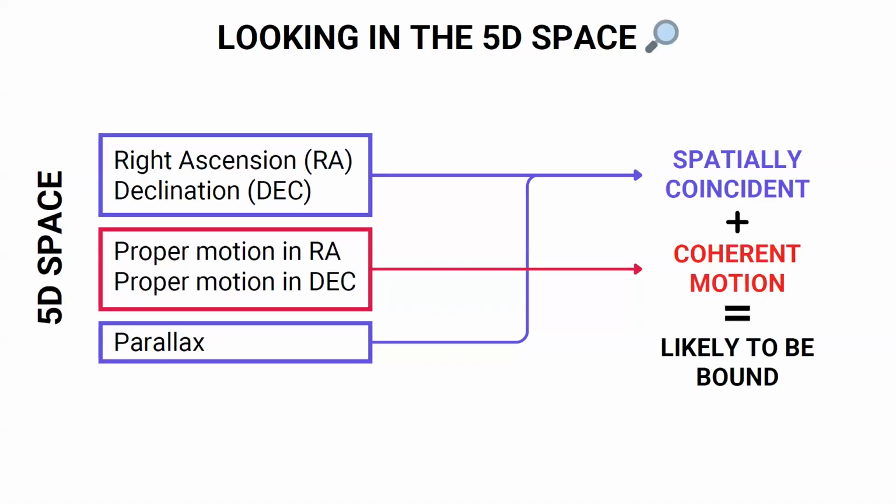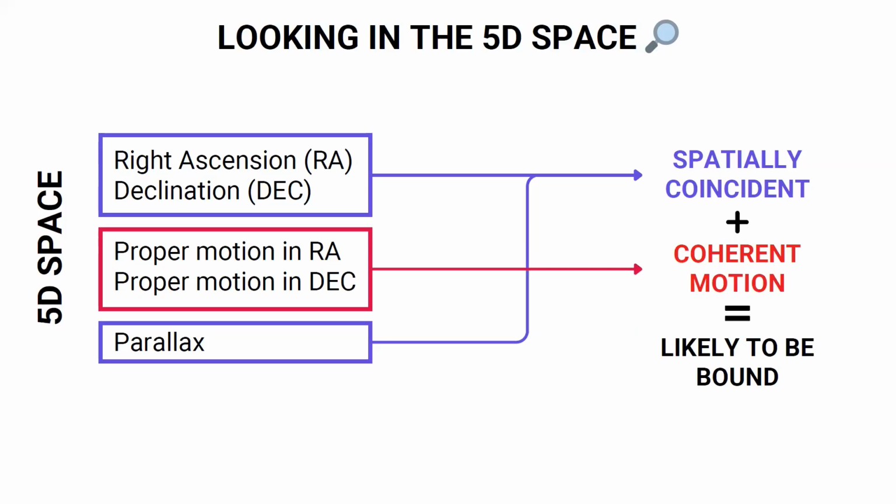Because hidden here, there is a cluster that, of course, you cannot see in the first picture. To look at clusters, we need to look at a different space, the so-called 5D space. You may think that if the stars are bound by gravity and they were born together, they should be close to each other.